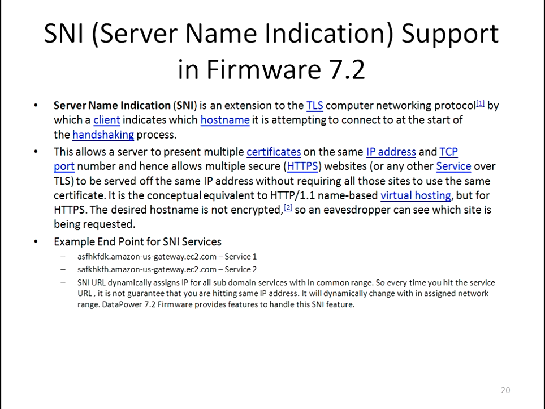Based on the subdomain URL, the IP address can change. So this new SNI feature in DataPower supports that. You don't need to worry about the IP address changing each time you call third-party services. That is one of the biggest features available in DataPower firmware 7.2.